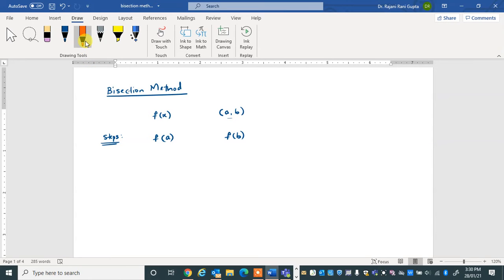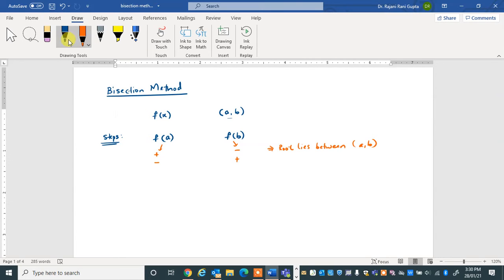For example, if f(a) comes out to be a positive number and f(b) a negative number, or vice versa, this implies that the root lies in the interval ab.